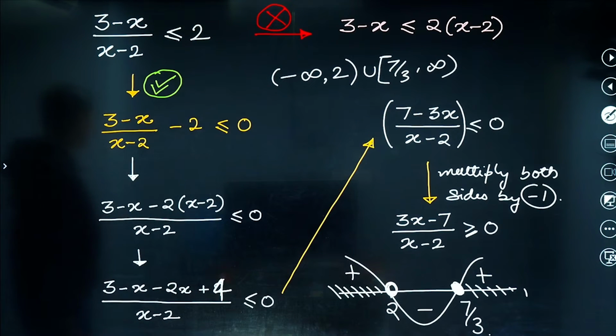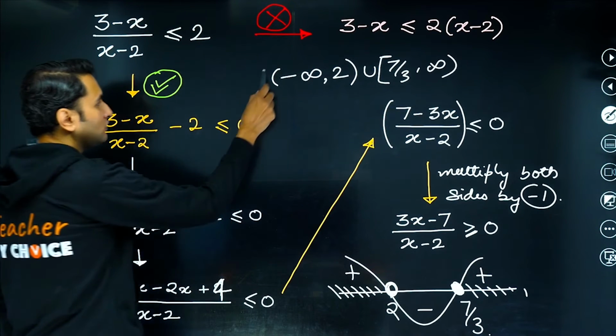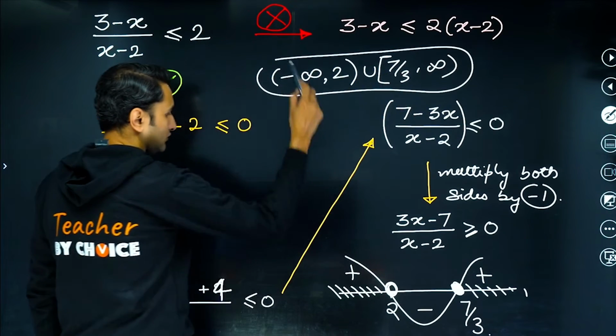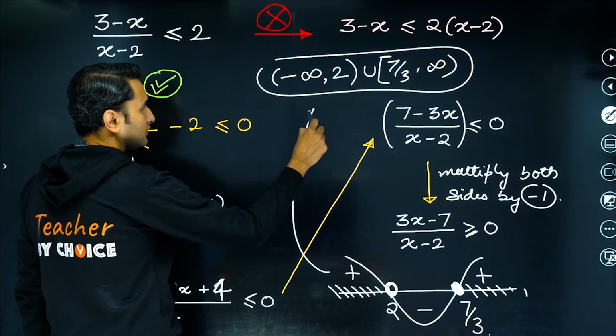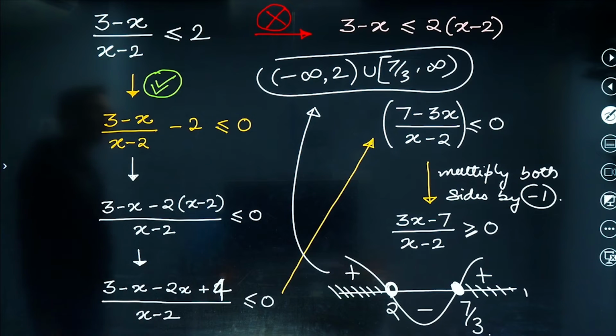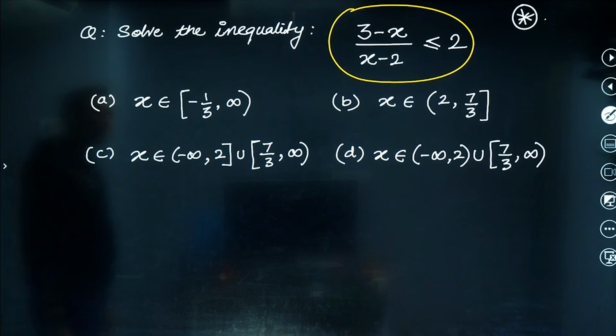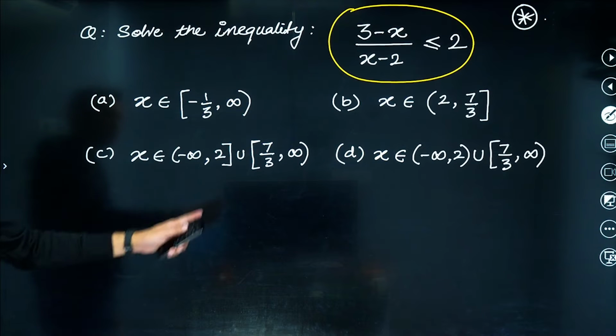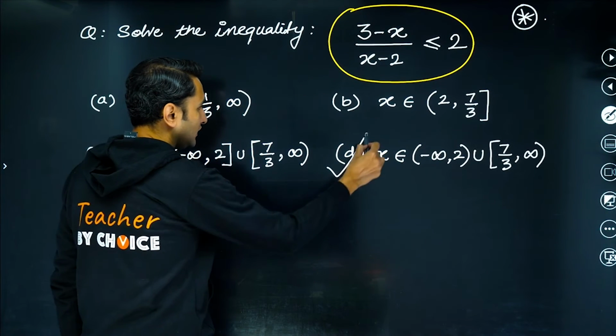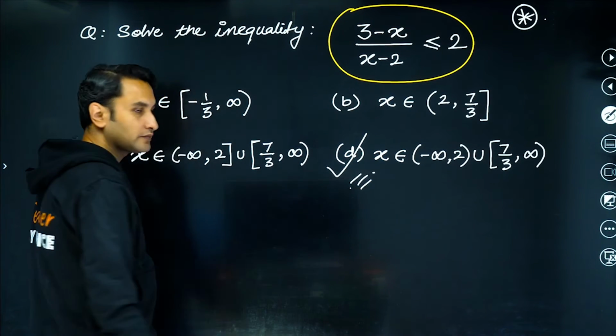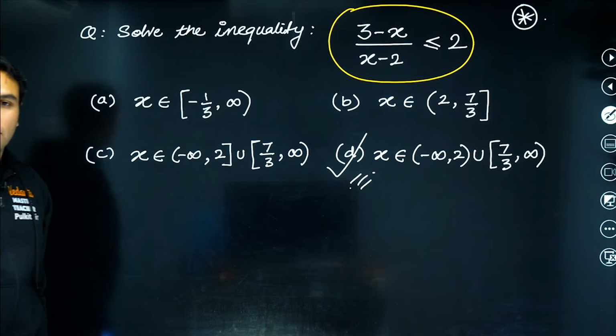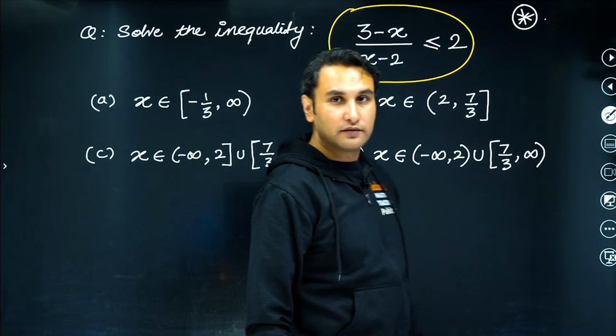What your answer should be, bachcho? Minus infinity से 2 open, 7 by 3 से infinity, D. D is the answer. Alright, cool.